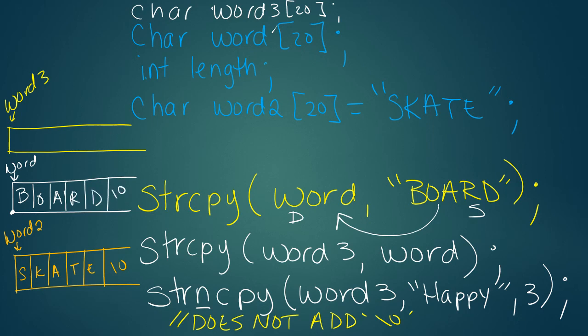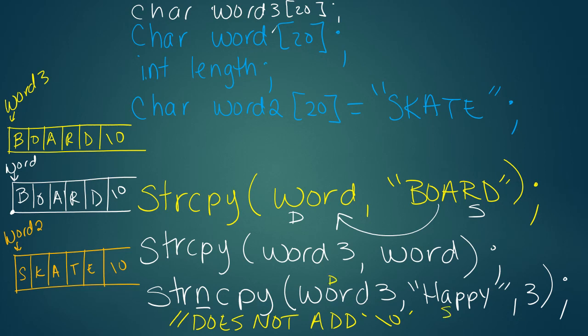Now I'm going to string copy into word3 what is in word. So word3 will now be board with the null character. And now I'm going to strncpy the word into word3. This is my destination. The destination is always first.